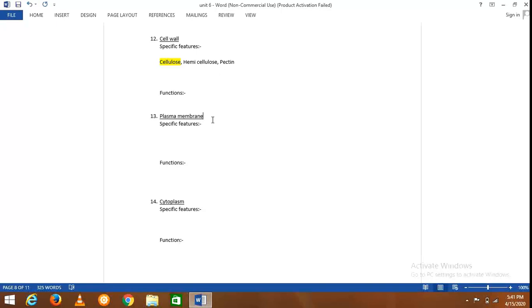So remember, this plasma membrane is a semi-permeable membrane and it is also called as a selectively permeable membrane, and this is a living membrane. The cell wall is a dead structure, plasma membrane is a living structure, and it is semi-permeable and selectively permeable because it will allow only selected particles to enter into the cell as well as exit from the cell.